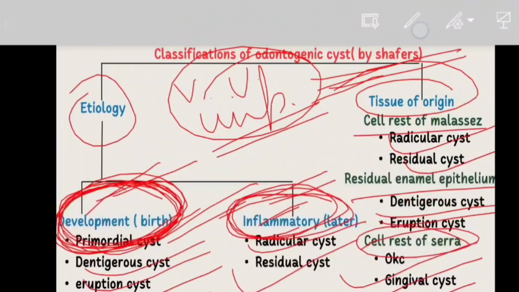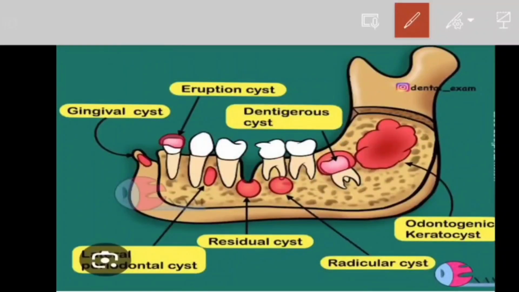Okay, so now students, look carefully at this diagram. This is a very useful diagram because it shows differences according to their location in the oral and jaw region. So let's identify them one by one. First, at the soft tissue near the tooth, we can see the gingival cyst. Next, near an erupting tooth, we have an eruption cyst.